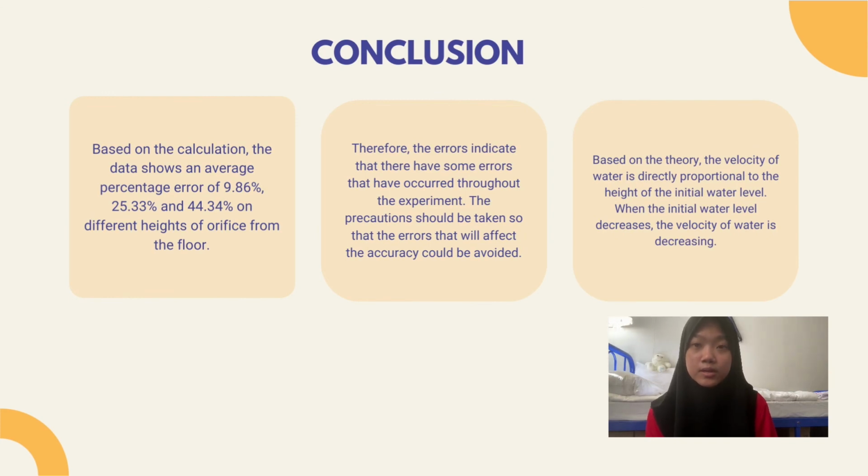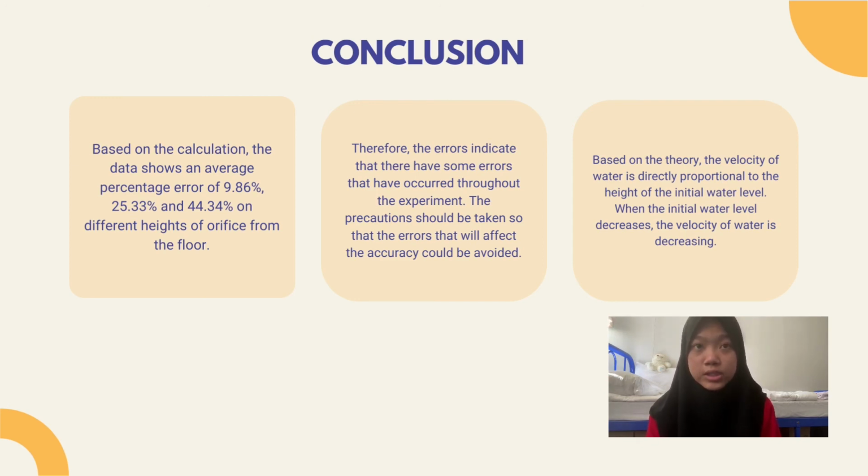As a conclusion, based on the calculation, the data shows average percentage errors of 9.86%, 25.33% and 44.34% at different heights of the orifice from the block. Therefore, the errors in the values indicate that there are some errors in the experiment.